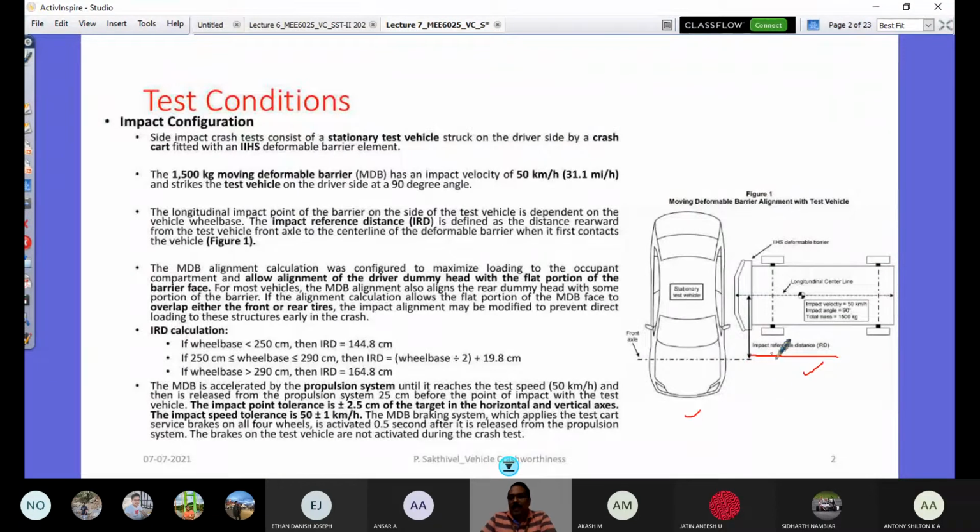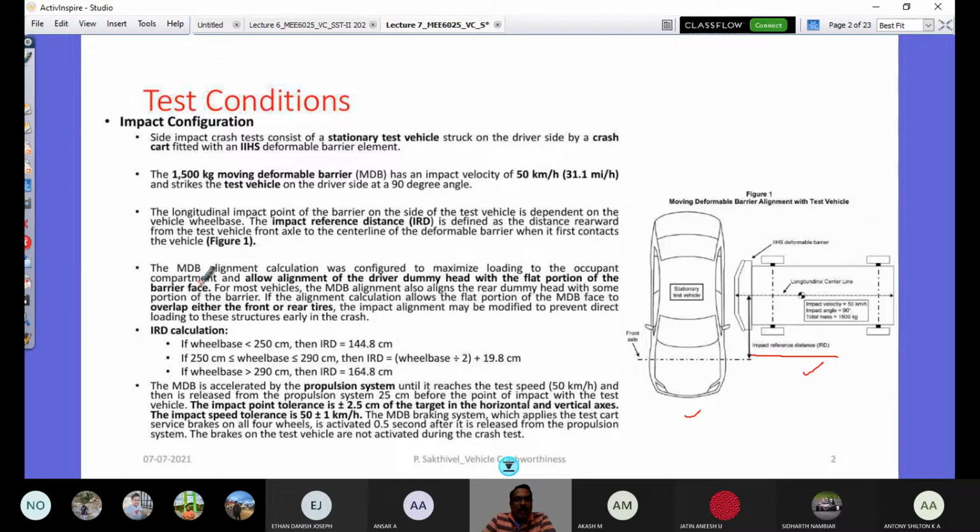It is such that the flat surface of this IIHS deformable barrier contacts at the driver head. The driver head portion will be coming on this flat surface. That is how this orientation is decided, and how this impact reference distance is chosen.